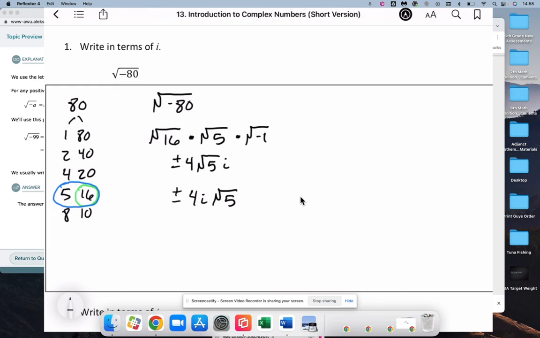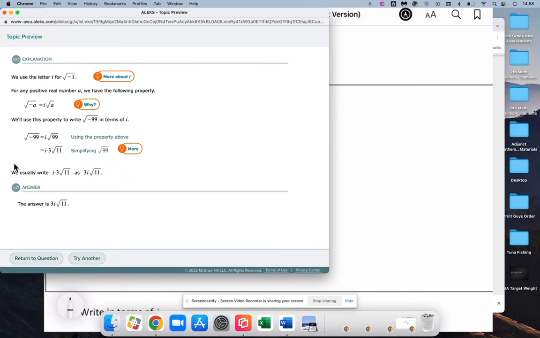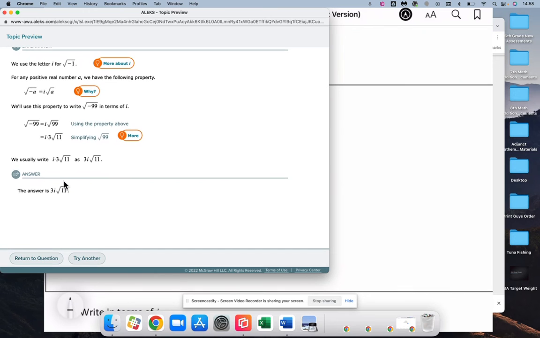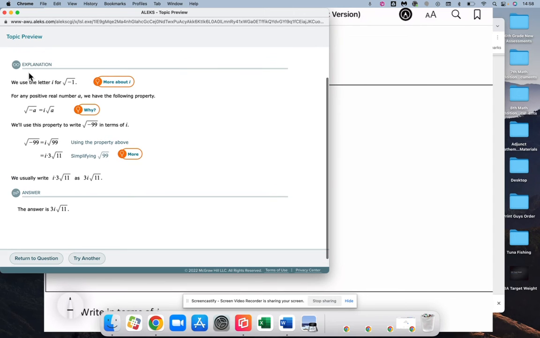I'm just trying to match my notation with the way that Alex is going to do it. And we can also see that Alex will also have I in the beginning in front of the 3, but either one of those will work, I suppose.